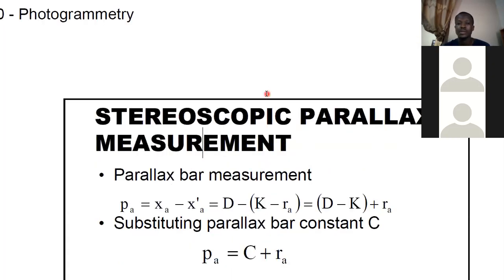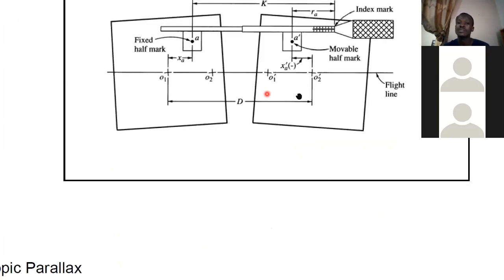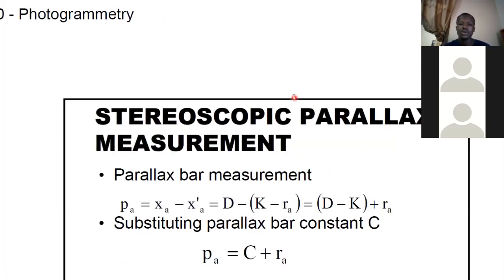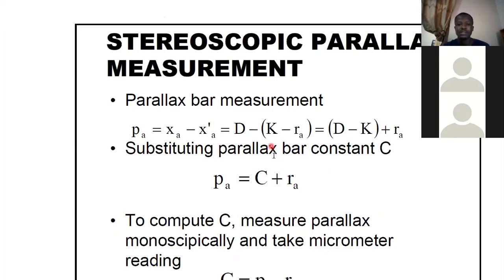What is D? Let's go back and look at D. D is the separation between the photographs. K is the constant, the parallax bar constant, a constant for the instrument, different from C, the parallax bar constant, which we're about to talk about.